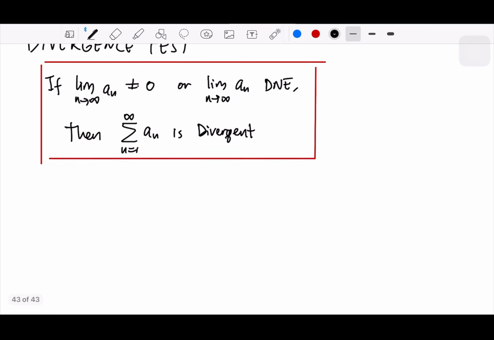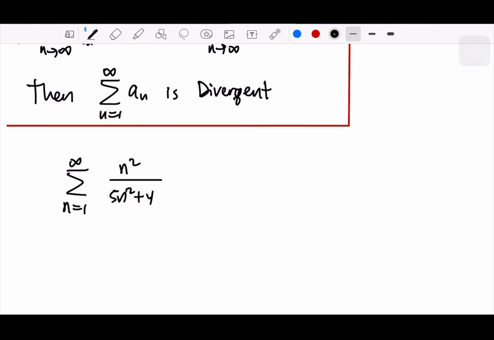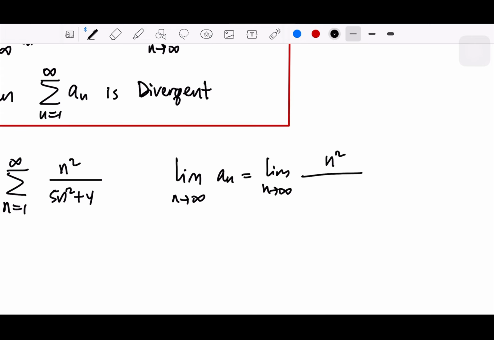So, for example, if we check this series, we check the limit of the sequence, and we know for sure that this will be equal to 1/5, right?